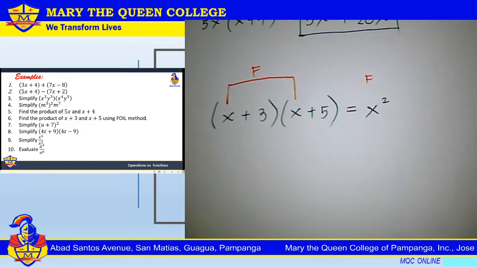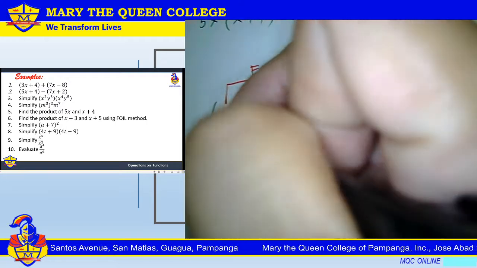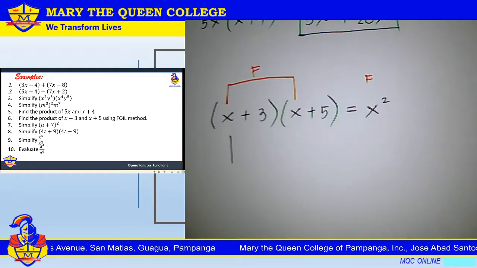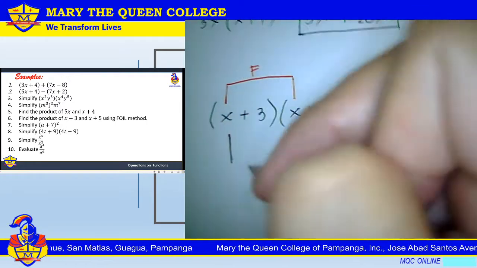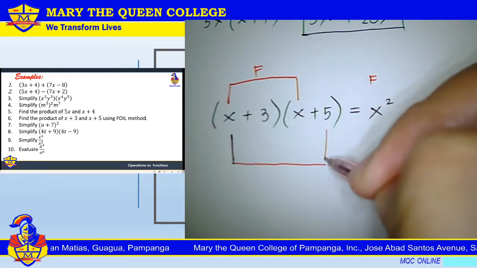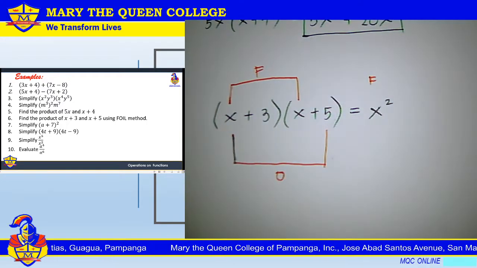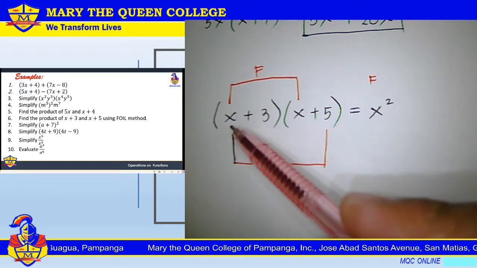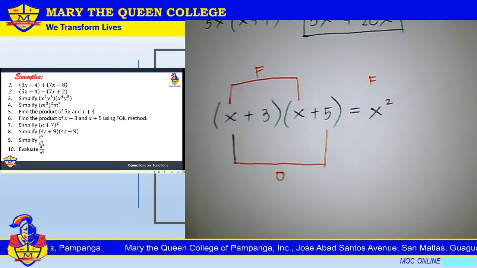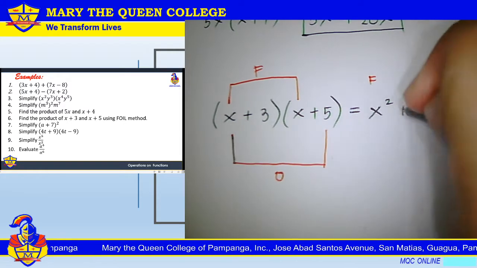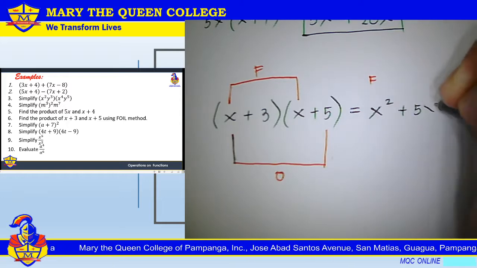This is the product of the first terms. And then the outside or outer terms, the two on the outside. X times 5 is positive 5x.